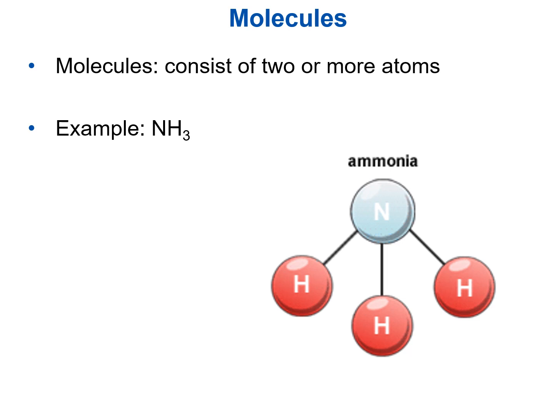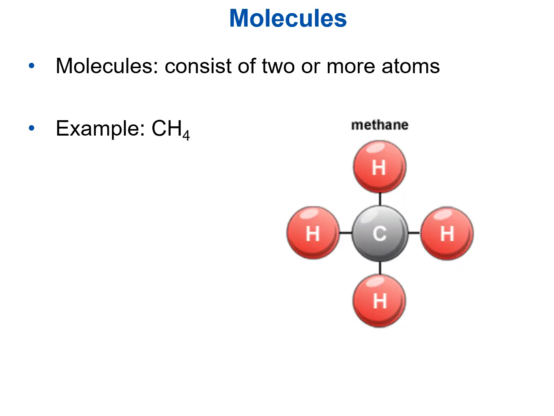Another one you'll need to know for astronomy class is ammonia. Ammonia is NH3, so that's one nitrogen atom and three hydrogen atoms. And one more that often appears in the atmospheres of some planets is CH4.